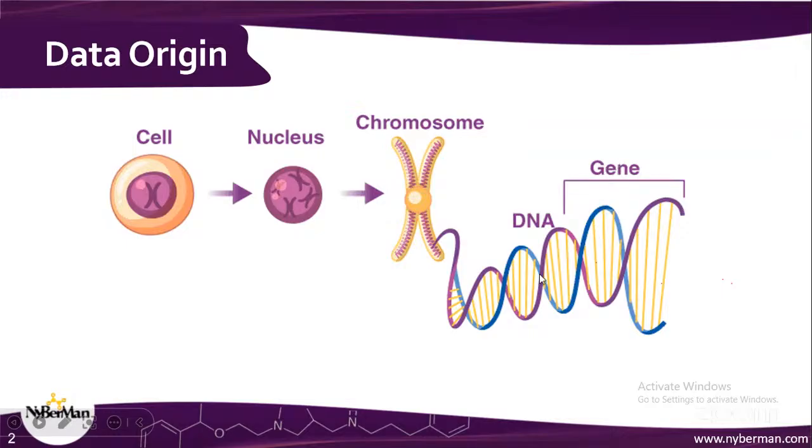So there are multiple genes on the DNA segments. These genes and their corresponding gene expressions we are going to analyze, because whenever there is a disease happening in your body, there will be certain alterations or changes at the DNA level.